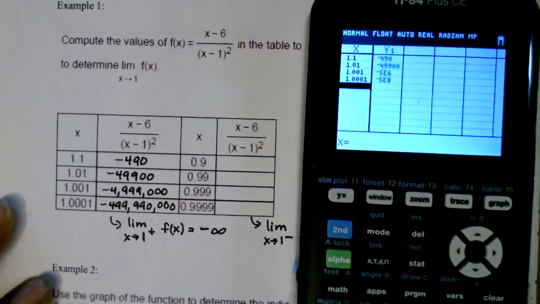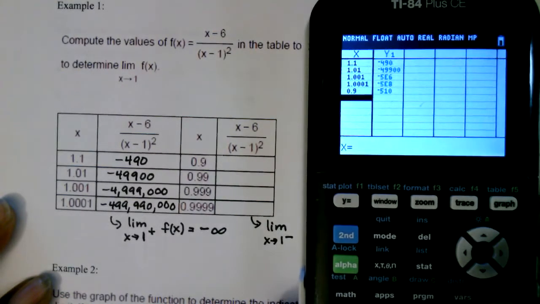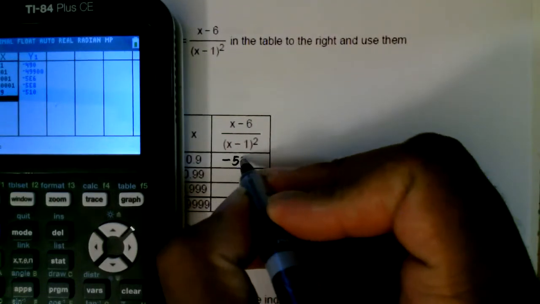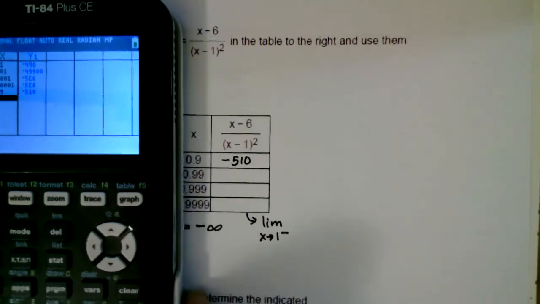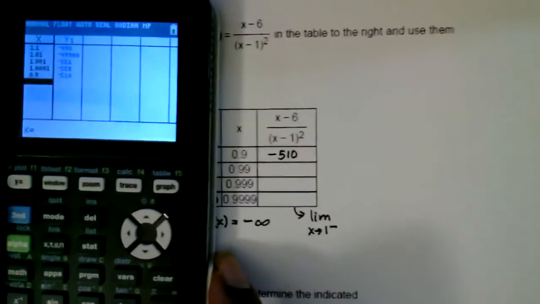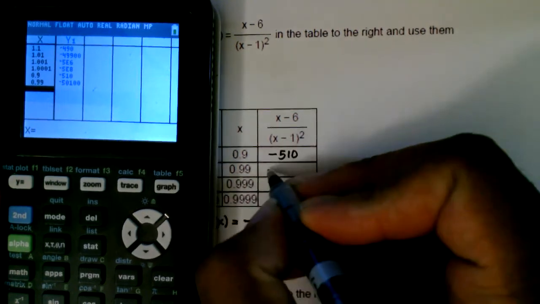Okay, so now let's go back. Position this in the x column and type in 0.9. See what that's equal to. And in this case, it's going to be negative 510. And then for 0.99, that's going to be negative 50,100.